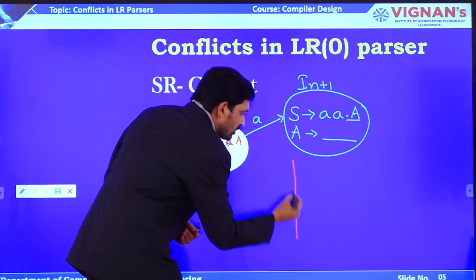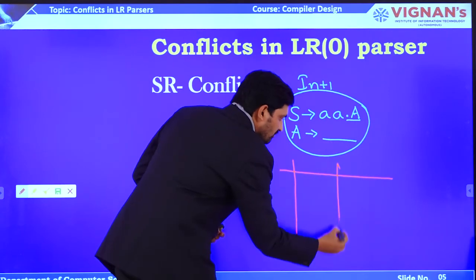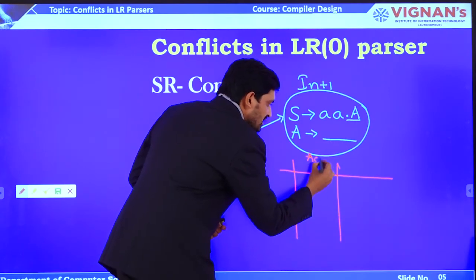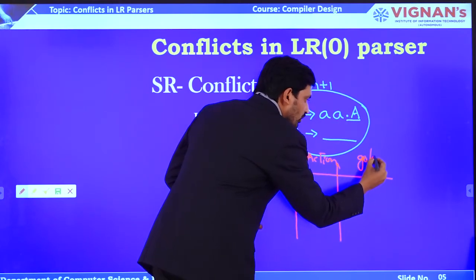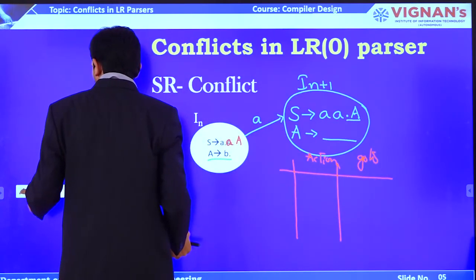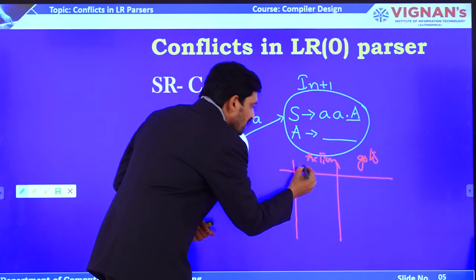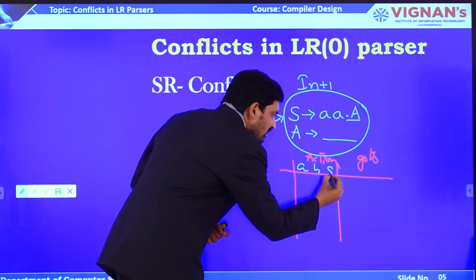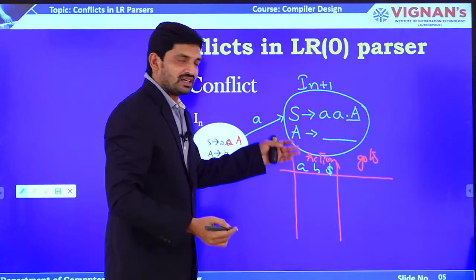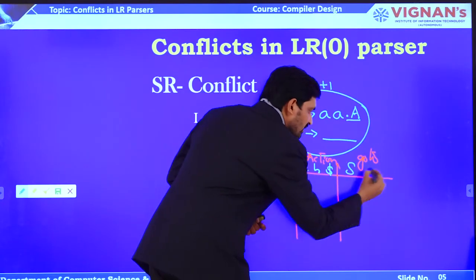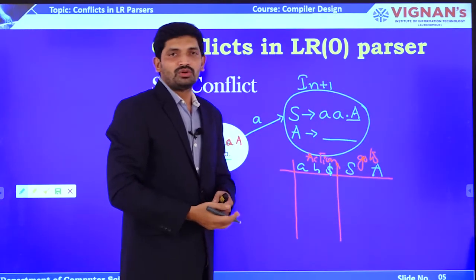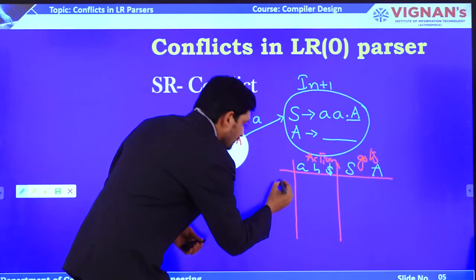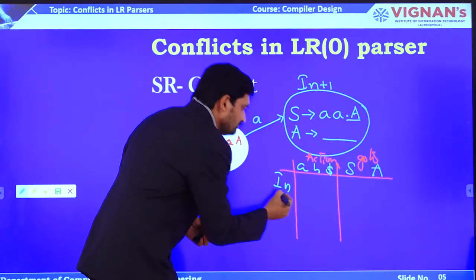Come to the parse table construction, which consists of 2 parts named as action part and go to part. In the action part, we are going to place all the terminal symbols, and in the go to part, we are going to place all the non-terminal symbols. Let us say here the a, b are the terminals and S comma A are the non-terminals, and come to this IN.